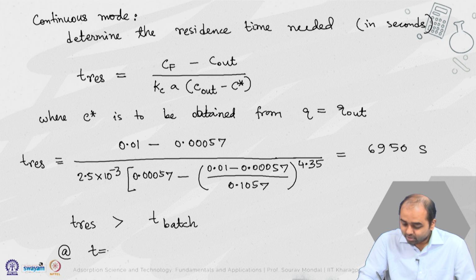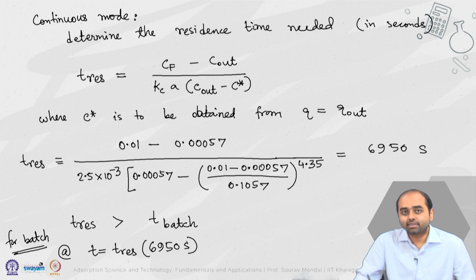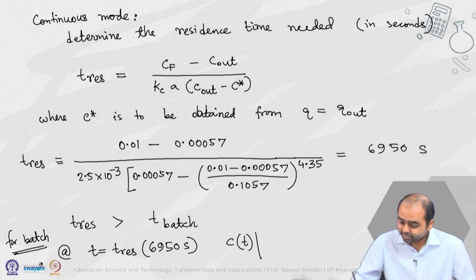For the batch operation, you can do a comparative study and see that at t equal to this residence time, that is if we equate the batch time and the residence time, the outlet concentration in the batch mode will be roughly equal to 0.000543.